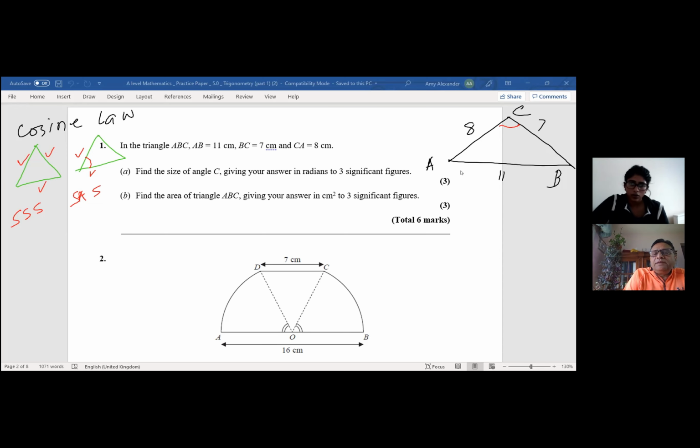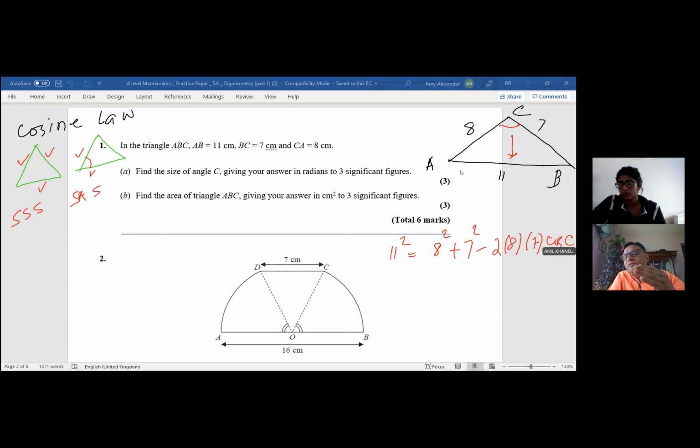So one formula will be a squared equals b squared plus c squared minus 2bc cos A. We are looking at the opposite side, which is 11. So forget about ABC; you could have written A anywhere. When you have the diagram, you want that angle, right? So when you want that angle, the opposite side is what you relate it to. So you'll say 11 squared equals 8 squared plus 7 squared minus 2 times 8 times 7 times cos of angle C, correct?